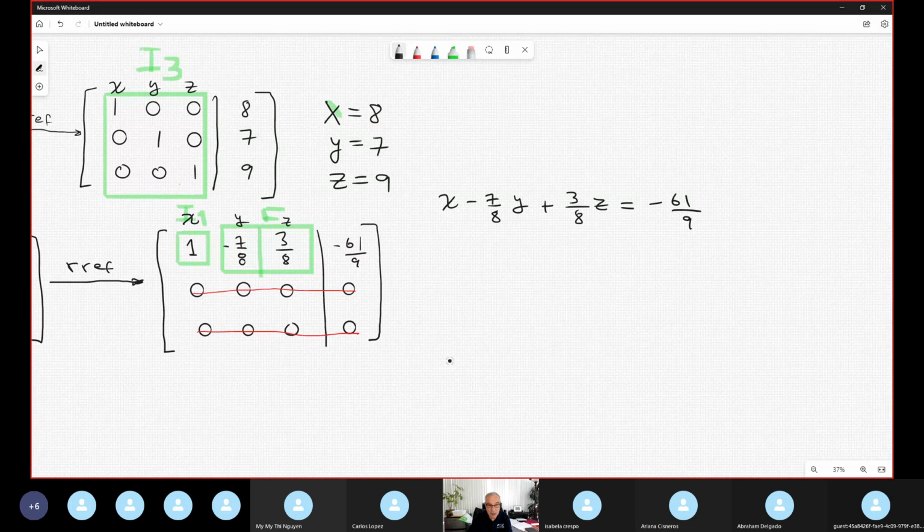So you solve for X as a function of Y and Z that are free. Entonces, minus 61 over 9 plus 7 over 8 Y minus 3 over 8 Z.